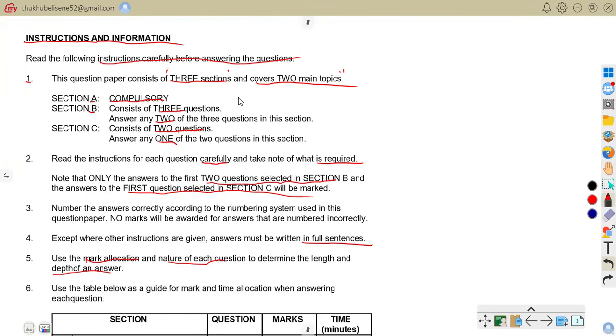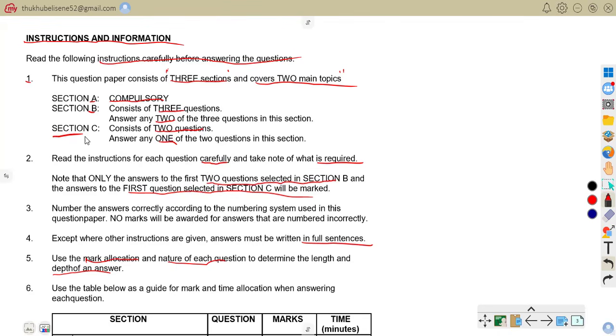But for us, as we are trying to make a thorough preparation for the final examination of Term 4, we are going to attend to all questions in this question paper, which is Business Studies Grade 10, Paper 2.